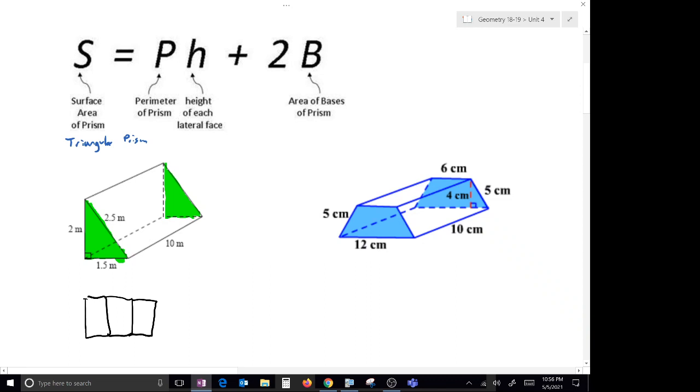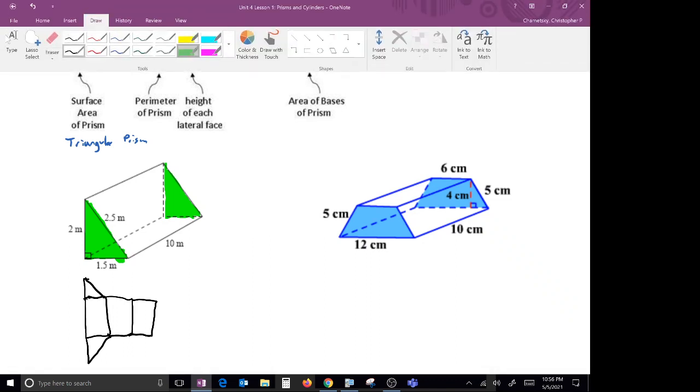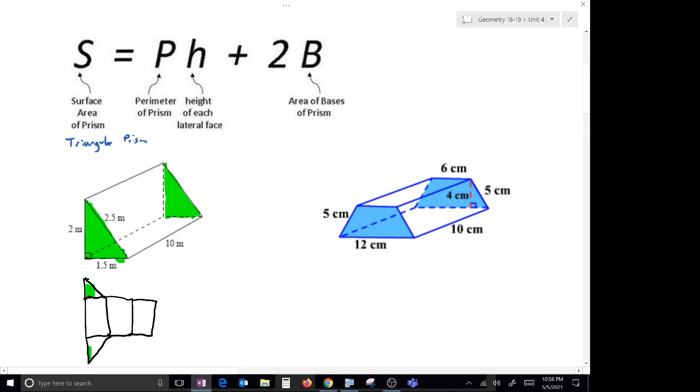We'd have a pretty big one, then a smaller one, and then a medium-sized one, and then we would have our two triangular bases. So if I wanted to find the surface area, I could find the area of every single one of these individually and then add them all together. That'd be the long way around doing it.